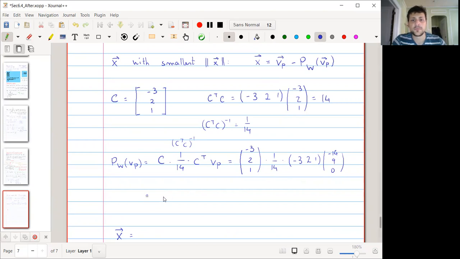Okay, so we can clean this up a little. -3, 2, 1. Then I multiply the last two vectors here, and I get, what? 3 by 14, that's 42, plus 18 plus 1. So I get 51 over 14 times -3, 2, 1.